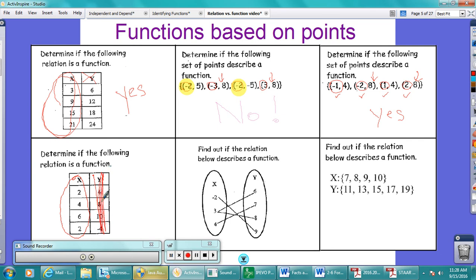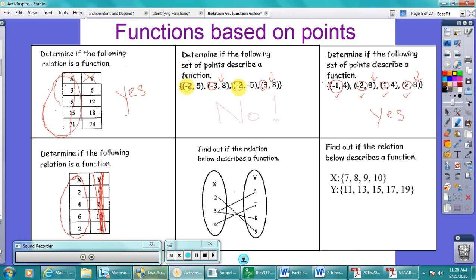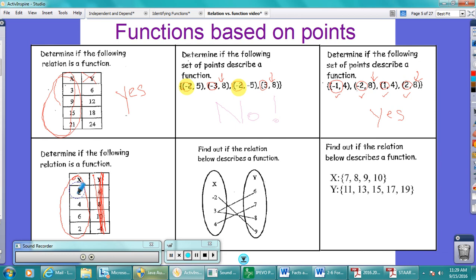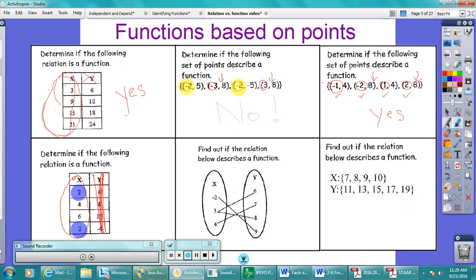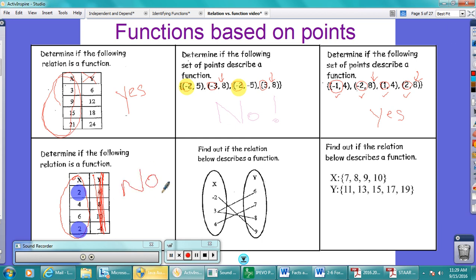I don't care what's going on in the table. But what do I notice? What's happening with my x's? My x's are repeating. So, is this a function? No. All right.